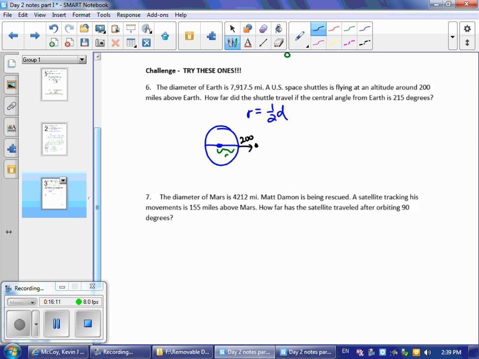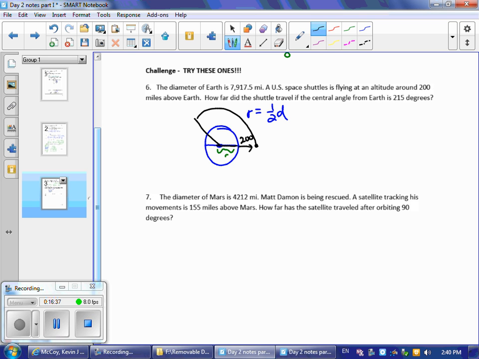So this thing is moving around the Earth this way, but it's created this 215 degree angle. So this black arc that I've created on the outside there, that's the arc length, that's the total distance that this space shuttle has traveled when it's gone 215 degrees around the Earth from where it started.